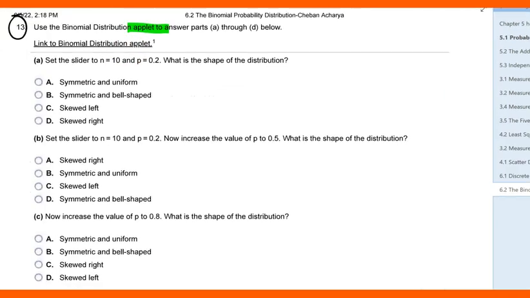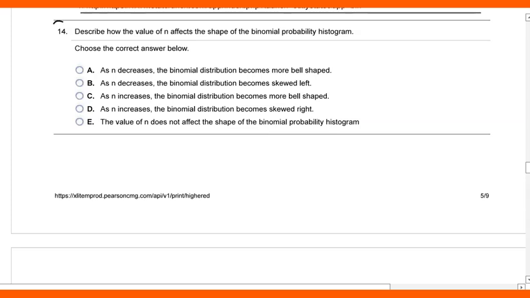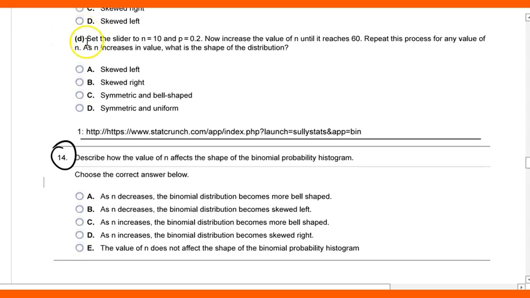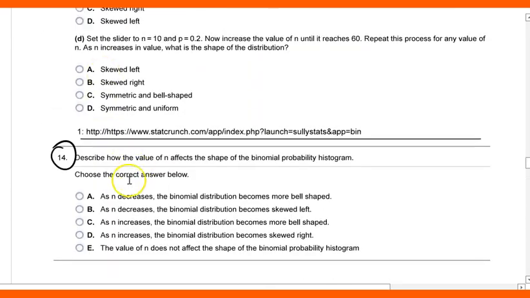Let's do question number 14. This is basically part D of question number 13. Describe how the value of n affects the shape of the distribution.